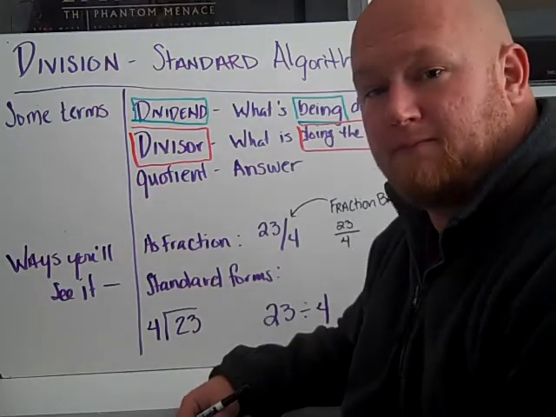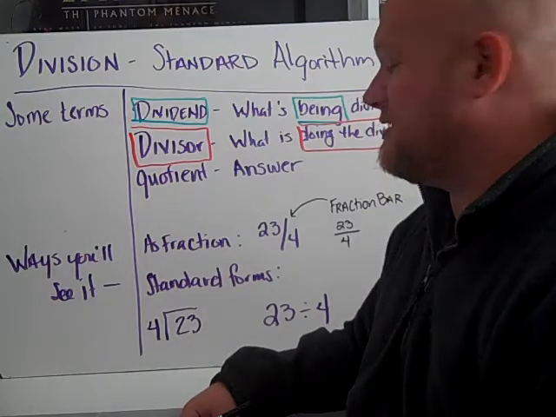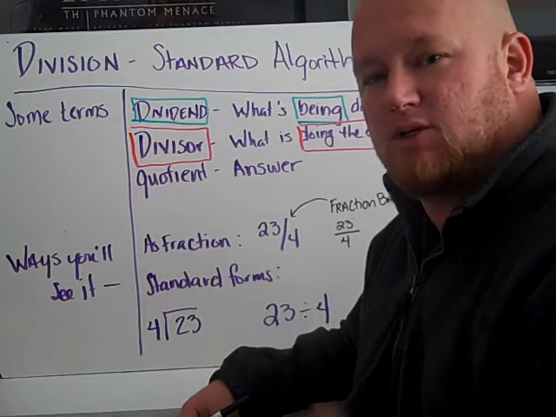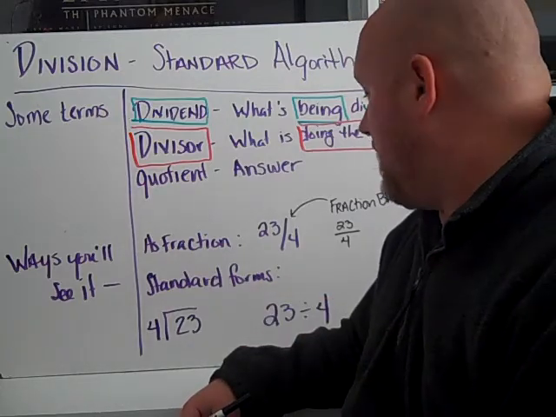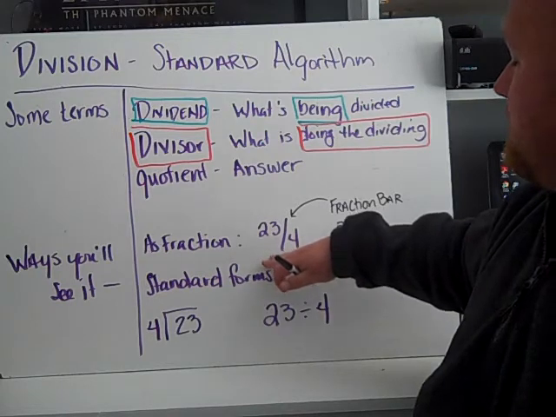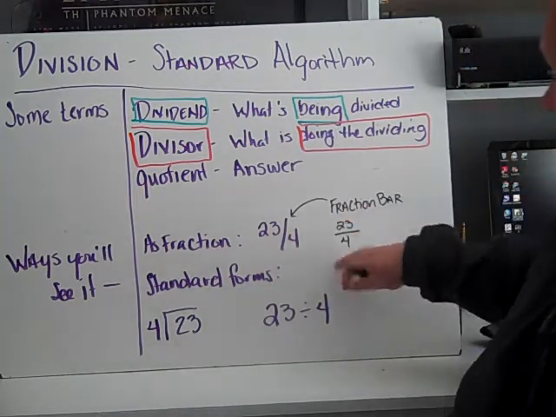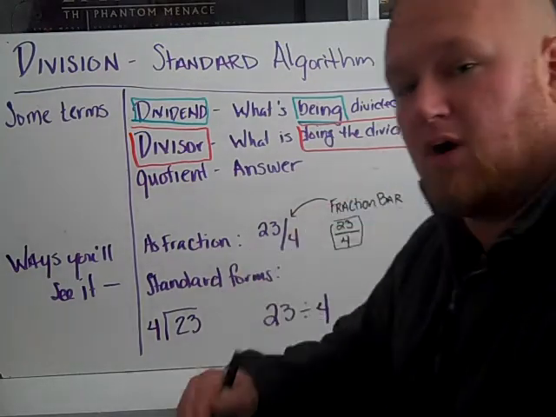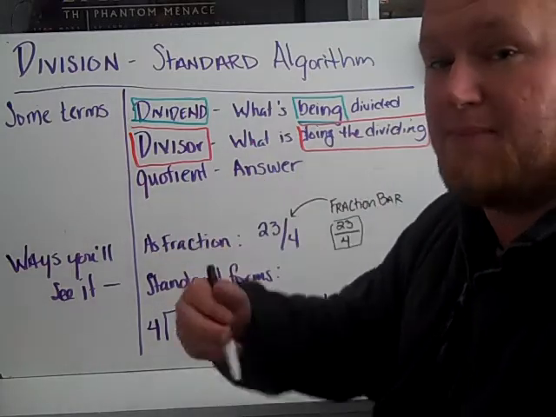Now that you're starting to mature in your mathematical thinking, you're going to see division expressed different ways. One of the big ways you'll see it this year, one that I'm fond of when I give you tests, is division expressed as a fraction. A fraction bar means divide. 3 out of 4 can mean 3 divided by 4.